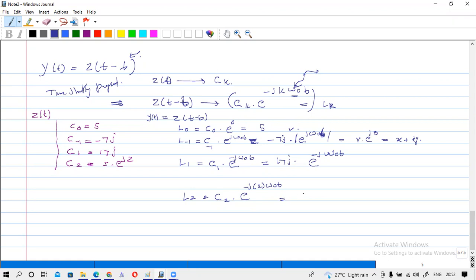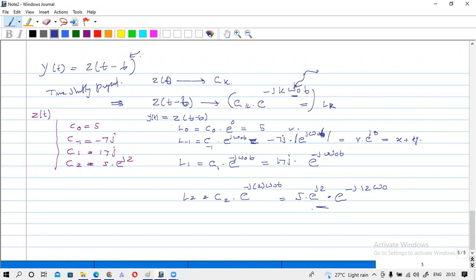C2 is equal to 5e^(j2), and you have e to the power minus j 2 times 6, which is 12 omega naught. You can also simplify this, but you need not simplify up to this level.